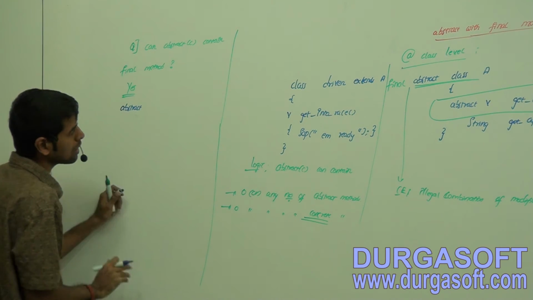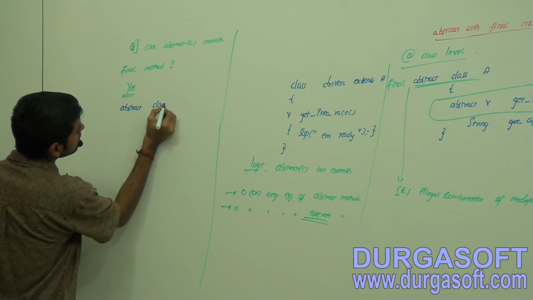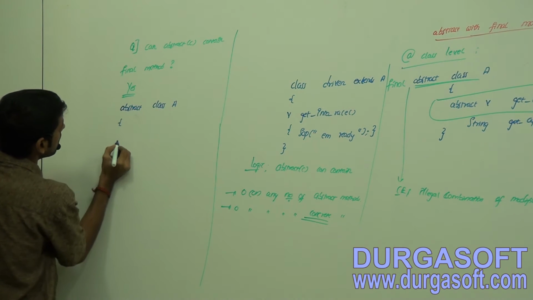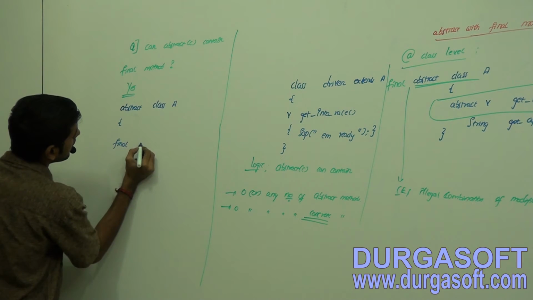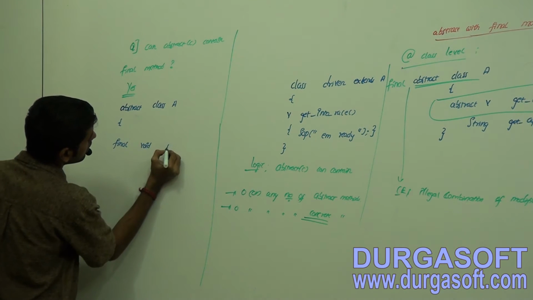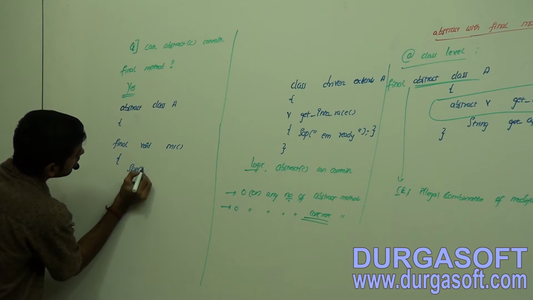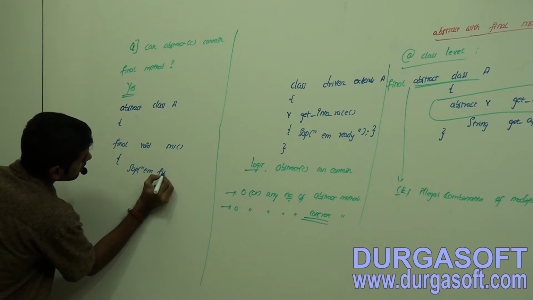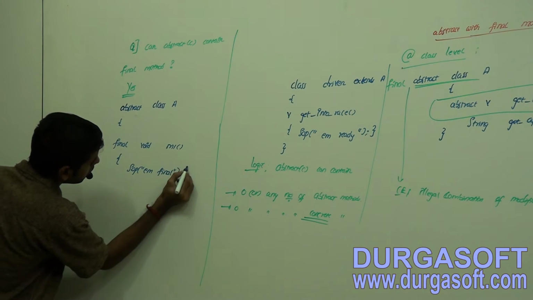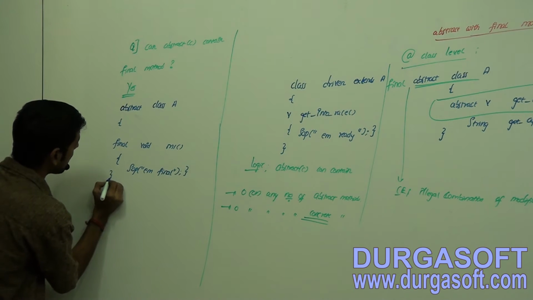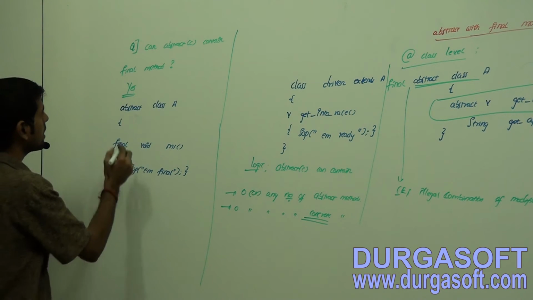Simple thing. Abstract class A. Now what is this? Final void m1. And one more very important thing is what? You have done the class declaration in this way.